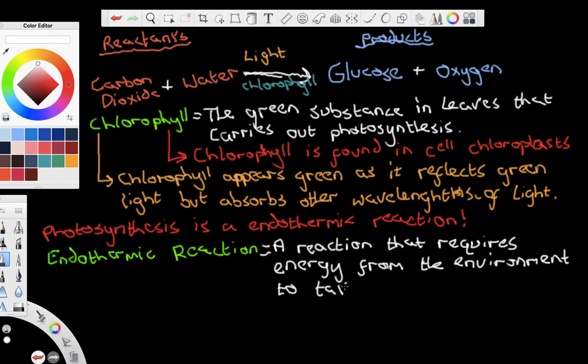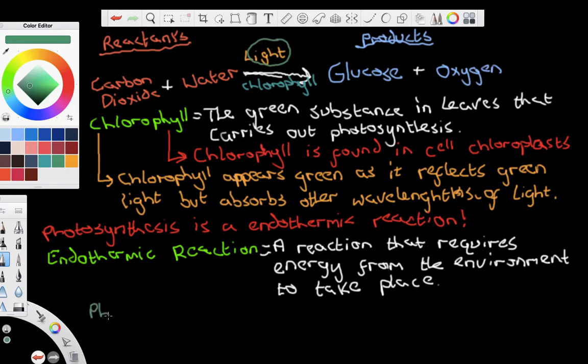Again, you may have done this in chemistry. So, photosynthesis is an endothermic reaction. Endothermic reactions require energy from the environment. Photosynthesis needs light, in fact we'll put a bit of that in green, needs light, therefore it's endothermic.